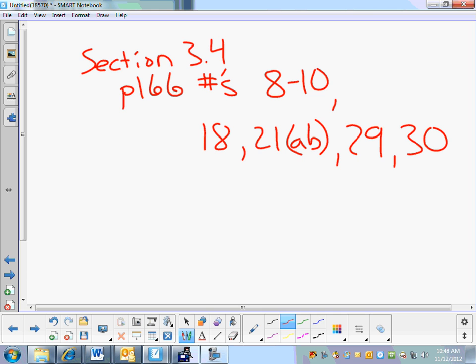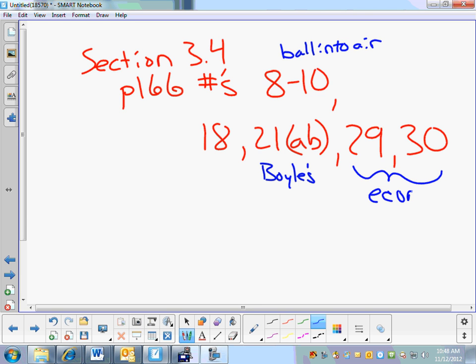Don't do part C. Those are ball into air problems. This is a Boyle's problem. Those two are econ problems. That one's just slightly different. I'd like you to see if you can figure it out. Good luck.